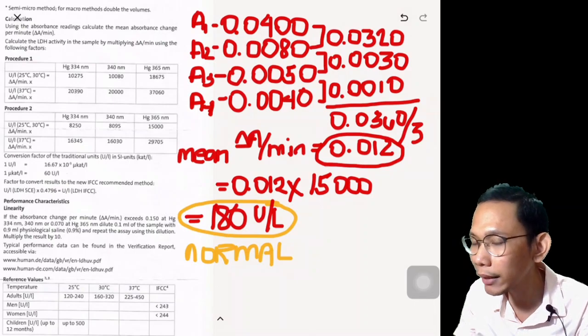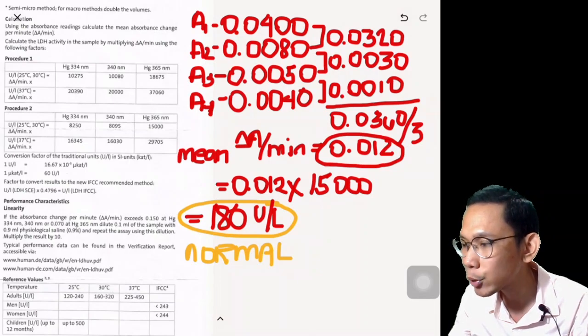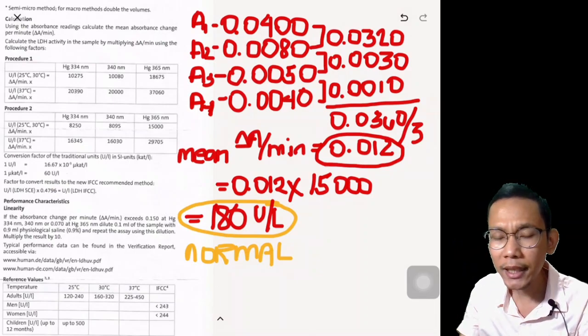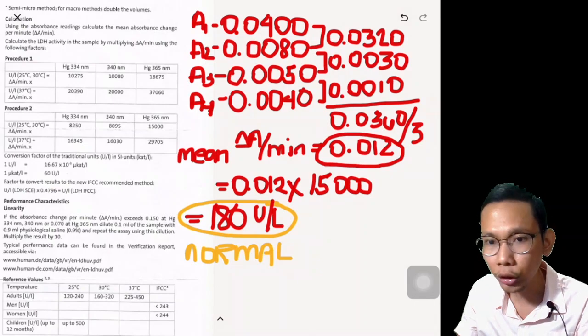So, per minute, what is the change in absorbance? For the first and second absorbance, 0.0400 minus 0.0080, the value is 0.0320. Next, since it is absorbance change per minute, you check the second value to the third value.